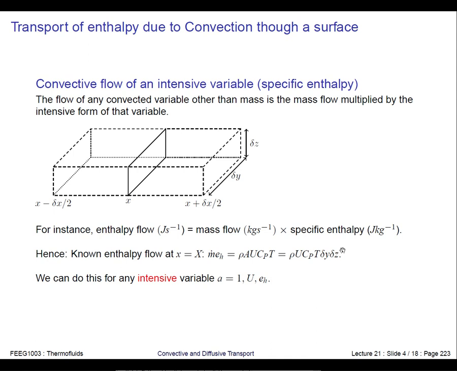So this term here, this is my enthalpy flow. Okay, so we've done it for enthalpy, but you can do it for anything. If you want to do it for mass, you just don't bother about this. If you want to do it for momentum, you set EH to U, and if you want to do it for energy, you use EH. Okay, so this is the general case of defining a convective flow of our three key variables.